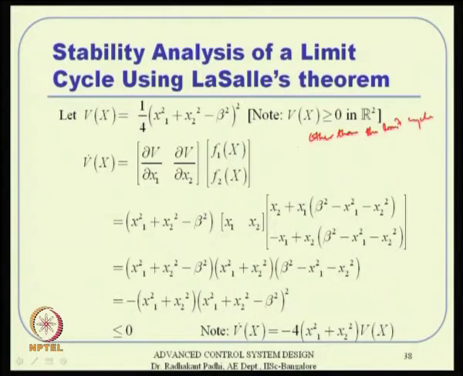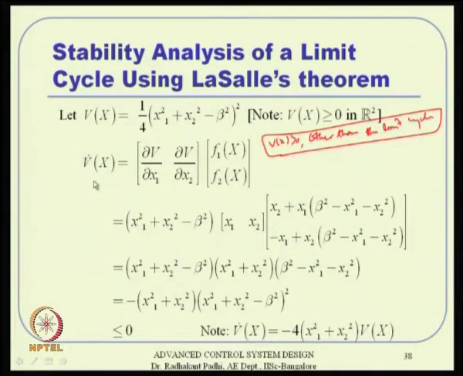V of x is strictly greater than 0 as long as it is not on the limit cycle. If it is on the limit cycle, it is equal to 0, so the statement is not wrong in general. V of x is greater than or equal to 0, that is true. But as long as you are not on the limit cycle, in any other direction you go, V of x is positive.